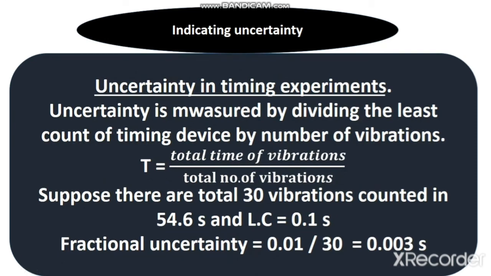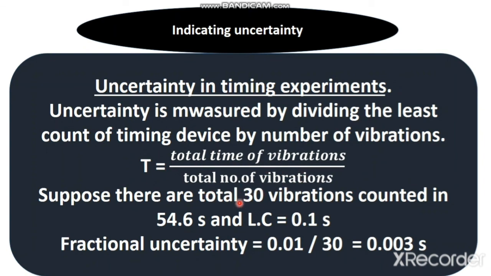Then last is uncertainty in timing experiments. Uncertainty is measured by dividing the least count of the timing device by the number of vibrations. That is, the time period of a simple pendulum is measured by the formula total time of vibrations divided by total number of vibrations.